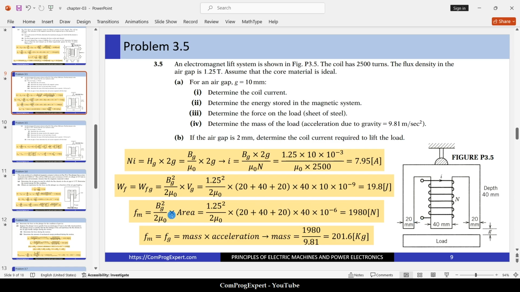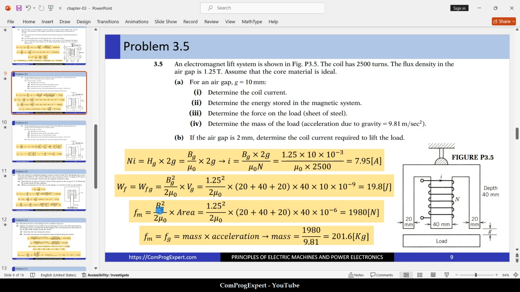So this is the equation, right? In this equation, the value of the air gap flux density is important for the equation of the force. When we change the air gap thickness, to have the same amount of force, we should change the current to build up the same flux density in the air gap, right?